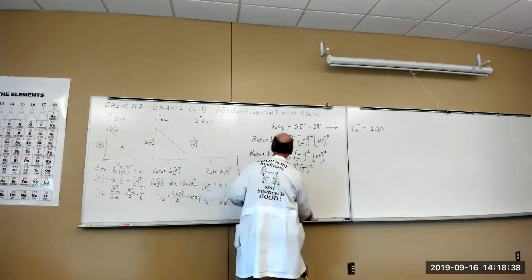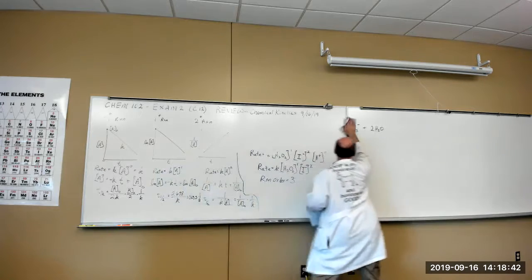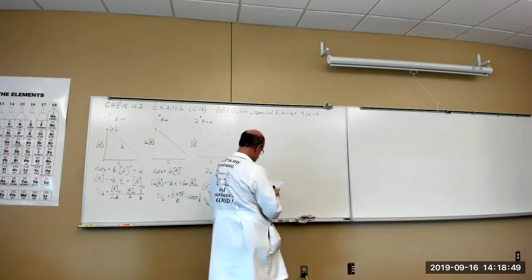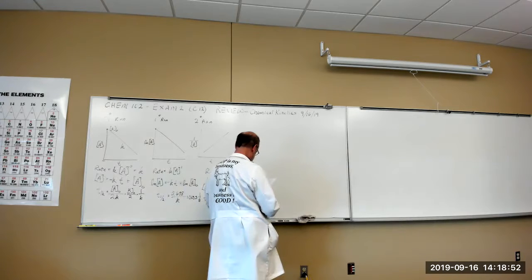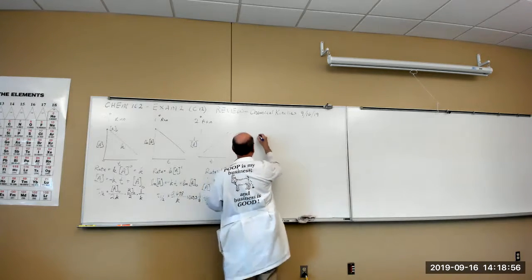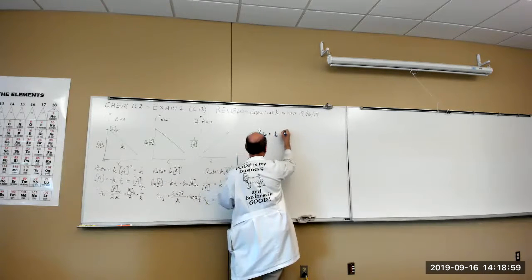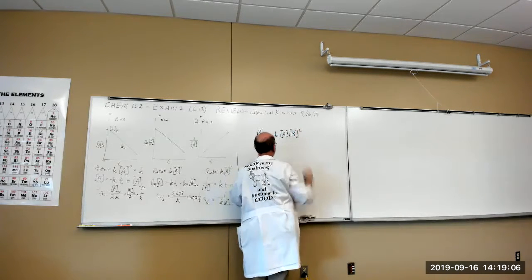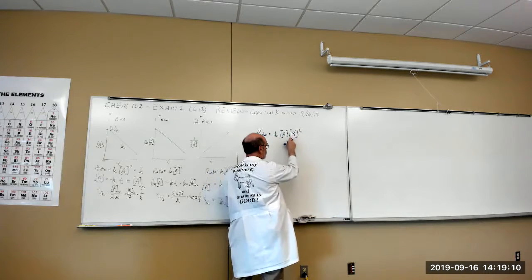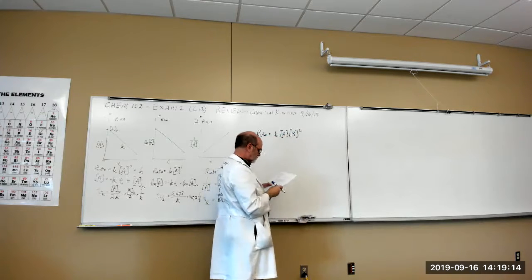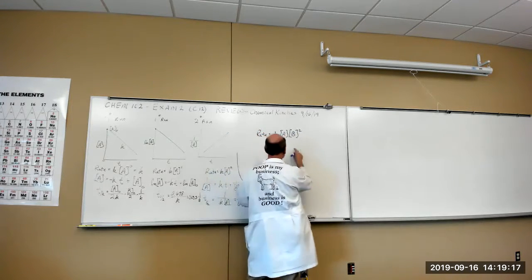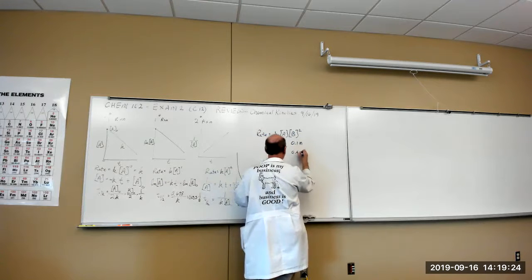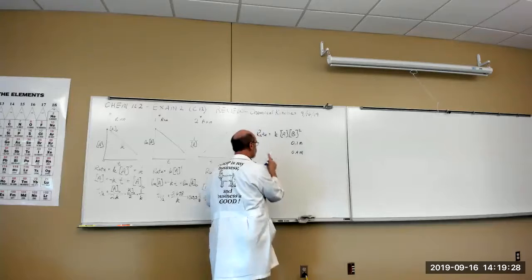Okay, here's a good one. Let's say here's the rate expression for a reaction. Okay, so it's first order in A, second order in B, overall order is 3. If we take the concentration of B and we increase it from 0.1 molar to 0.4 molar, what effect will that have on the rate?